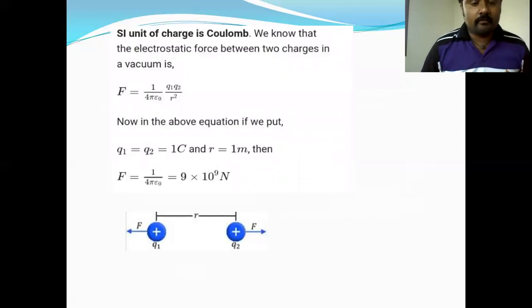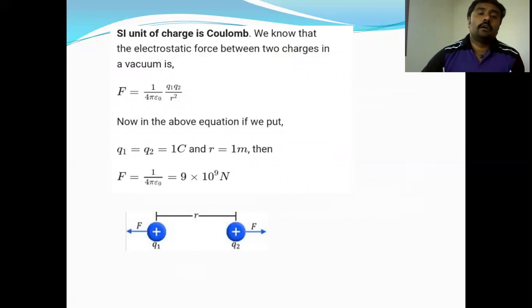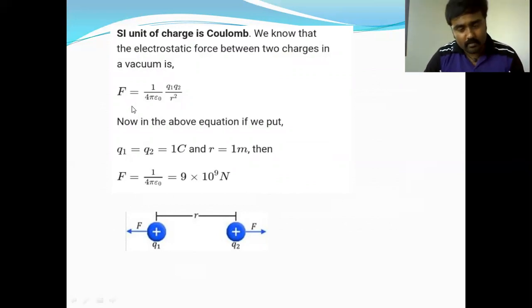Now we will discuss a very important concept, that is the definition of unit charge, the definition of 1 coulomb. According to Coulomb's inverse square law, F is equal to 1 divided by 4 pi epsilon naught times Q1 Q2 divided by R square.